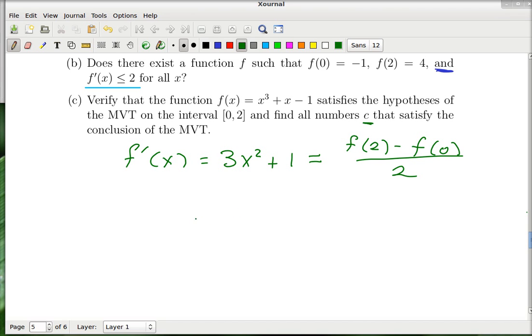So let's solve it. So on the left we clearly have 3x squared plus 1, and then we can figure out these numbers from the right. So plug in 2, that gives you 8, plus 2 is 10, minus 1 is 9. And if you plug in 0, you get minus 1, so this is going to be plus 1, because minus minus becomes plus. Divided by 2, so this is 5.